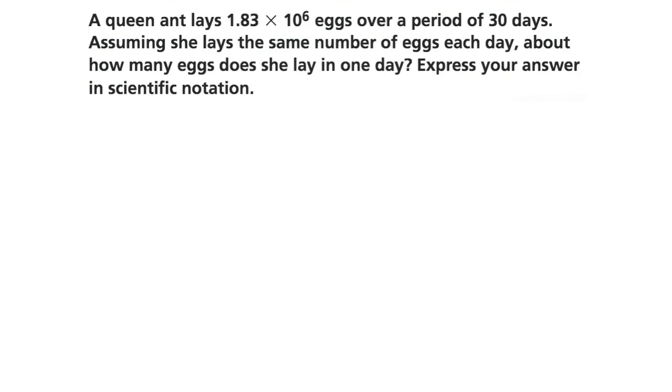A queen ant lays 1.83 times 10 to the 6th power eggs over a period of 30 days. Assuming she lays the same number of eggs each day, about how many eggs does she lay in one day? Express your answer in scientific notation. We know the total amount of eggs the queen ant lays in a period of 30 days, but we want to know for one day. This is a division problem.